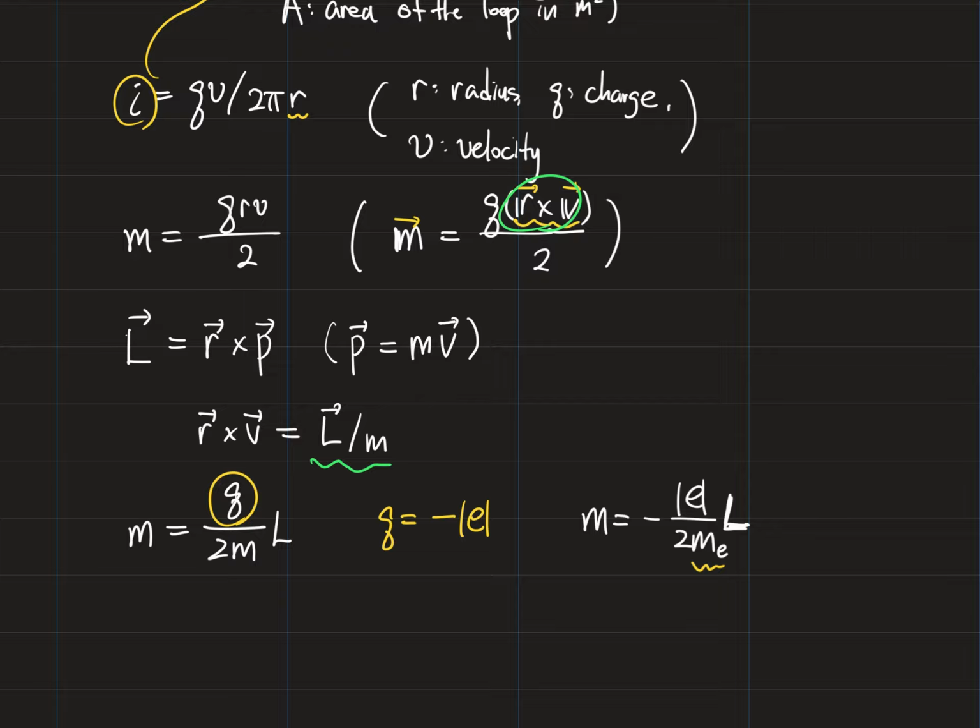Yeah, you should be very confused because there are two M here, but I cannot come up with a better notation for this one. So this is mass, and this is magnetic dipole.